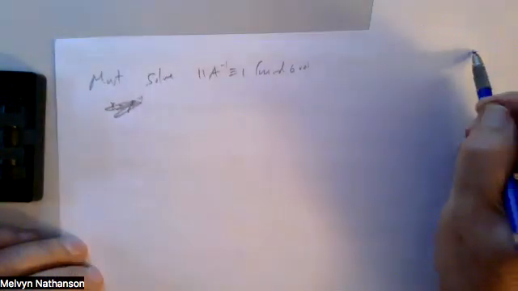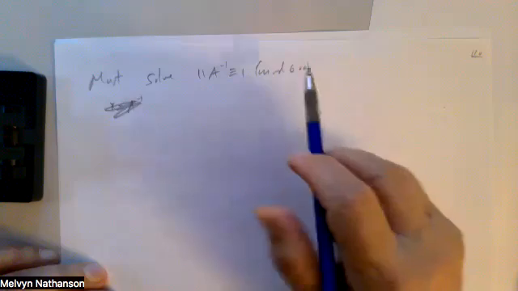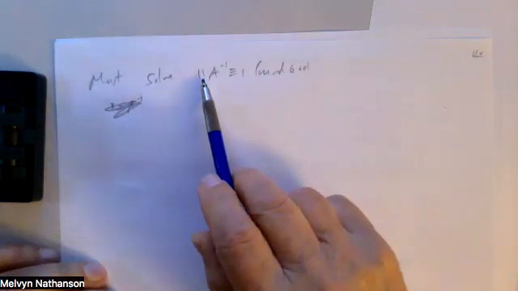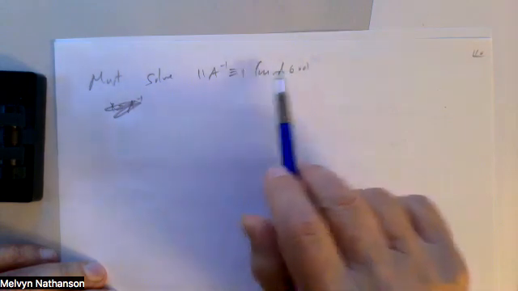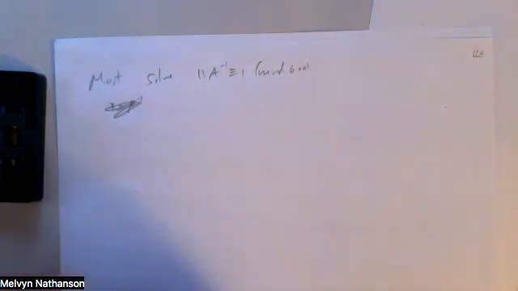The only method that we've learned from the text is to compute the greatest common divisor of 11 and 600, which is 1, and then write 1 as a linear combination of 11 and 600.